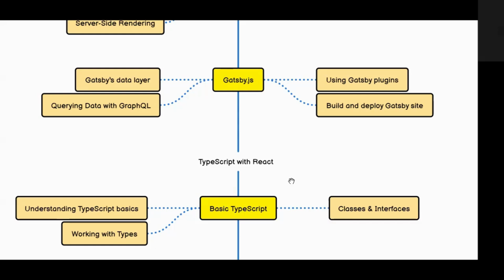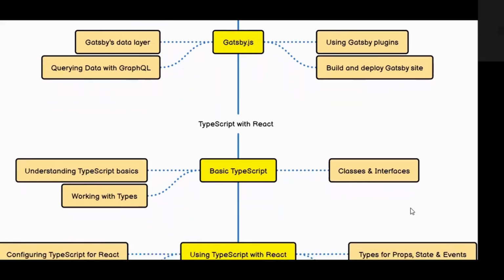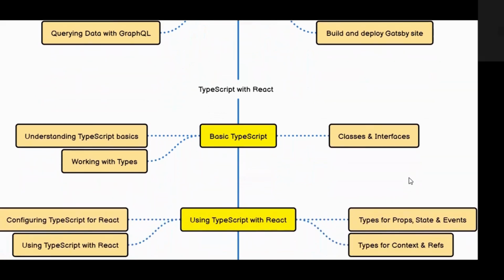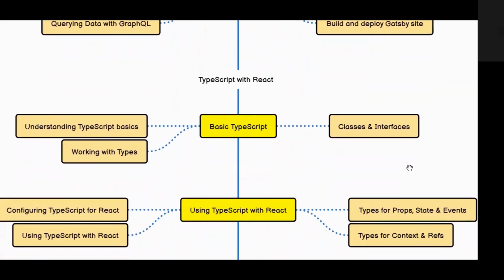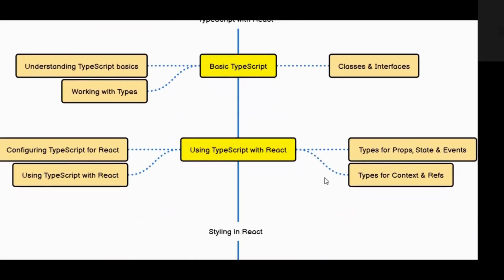And other different things, like IntelliSense, you can do easily with TypeScript. So you should be very aware of TypeScript basics and how classes and interfaces work and how types work with TypeScript in React, and then some advanced concepts of TypeScript. This is basically all about props, state, events, and types, and then some context types.